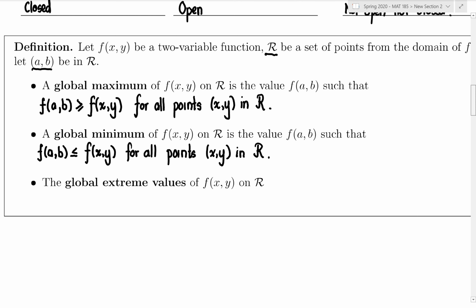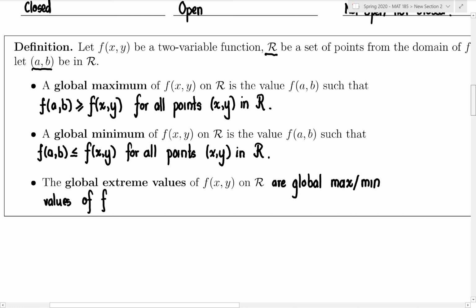So the global extreme values of f of x, y on R are the global maximum or global minimum values of f in R.